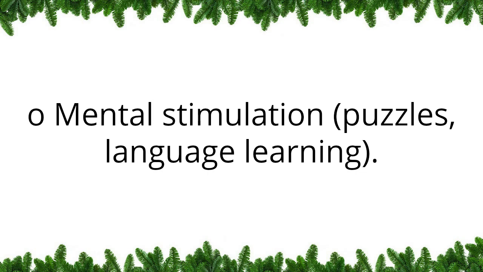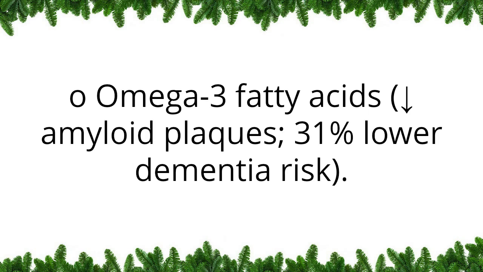Then the other thing to help prevent cognitive decline is omega-3 fatty acids. When one is taking omega-3 fatty acids, they reduce amyloid plaques. If they reduce amyloid plaques, then they will reduce the likelihood of one having dementia, or they will reduce dementia risk.